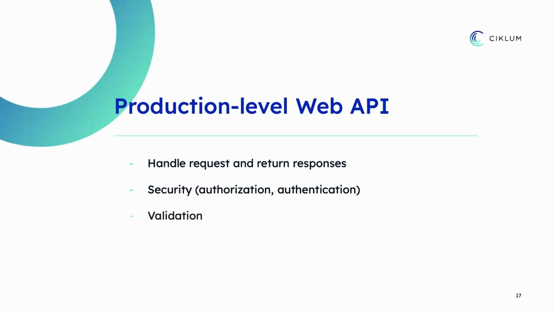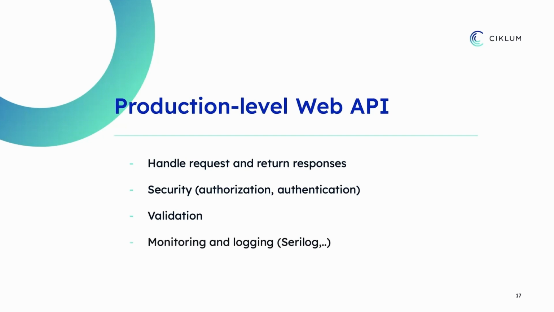Next one is validation. Before our client reaches our code, we want to validate that the request fulfills all the necessary requirements, so we can throw an exception before the code inside the endpoint is executed.